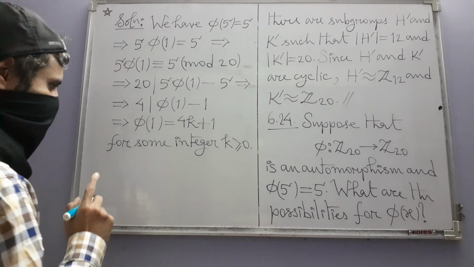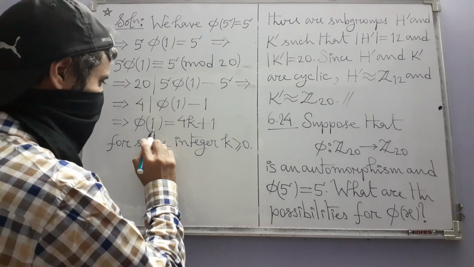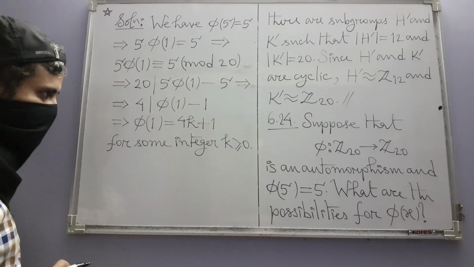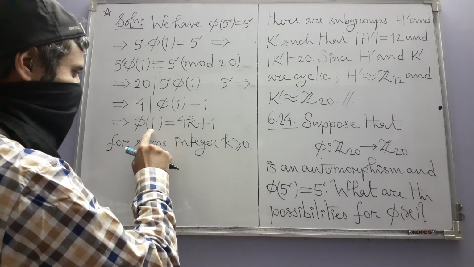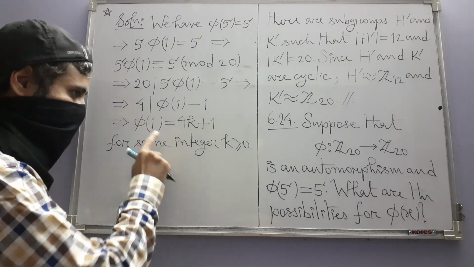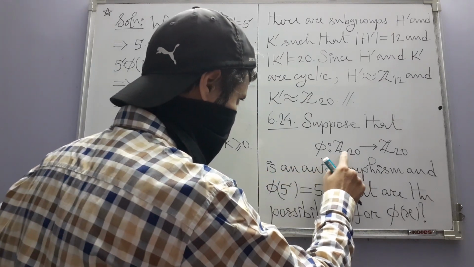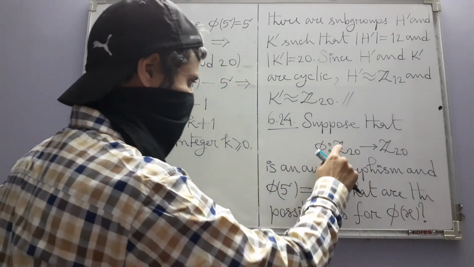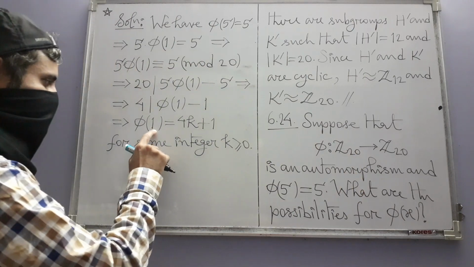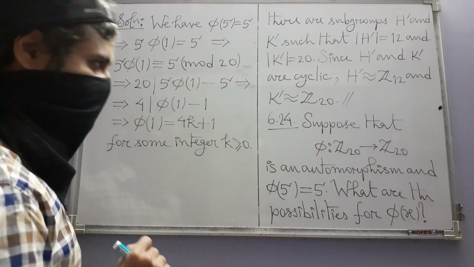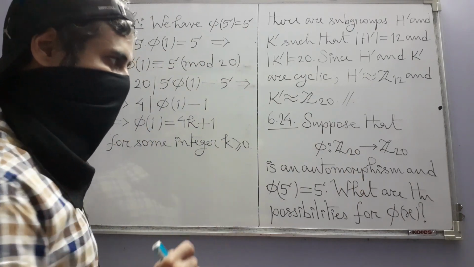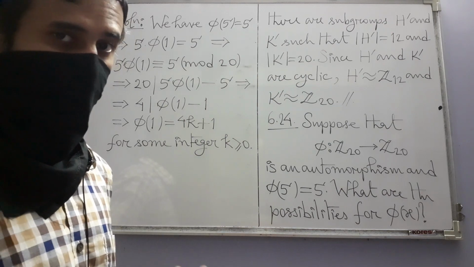Now recall a property of automorphisms: 1 is a generator of the cyclic group Z20, whose order is 20, because modulo 20.